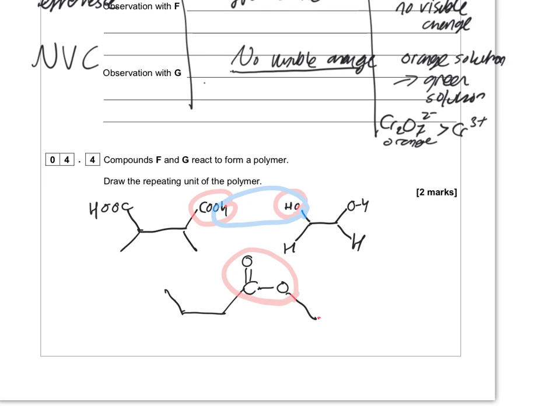And then I'll put a hydrogen there, bear with me. So now that then goes off to bind with another polymer chain. And this goes off to bind with another alcohol. So I'm going to put brackets around it to show that's the repeating chain.